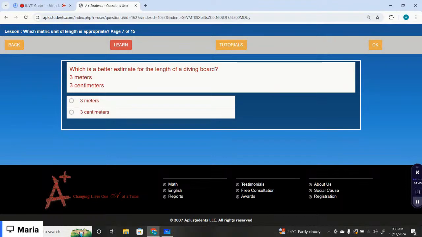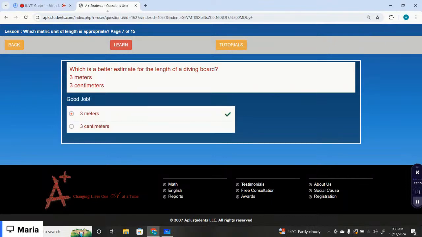Which is the better estimate for the length of a diving board? So, which is the correct option? Diving board, 3 meters. Option number one is the correct option.